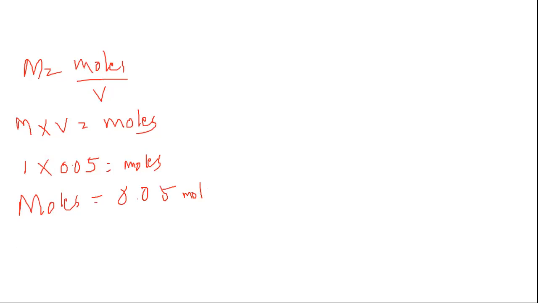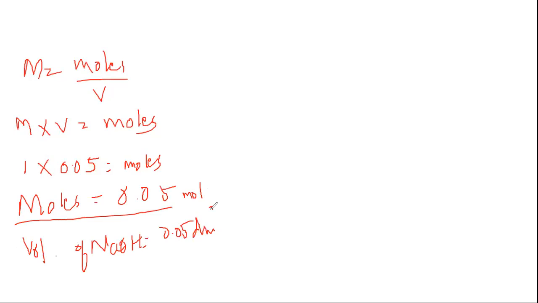Same for NaOH. Volume of NaOH is 0.05 decimeter cube, because this is also 50 centimeter cube. You have to divide that 50 centimeter cube by 1000. It will be 0.05 decimeter cube.